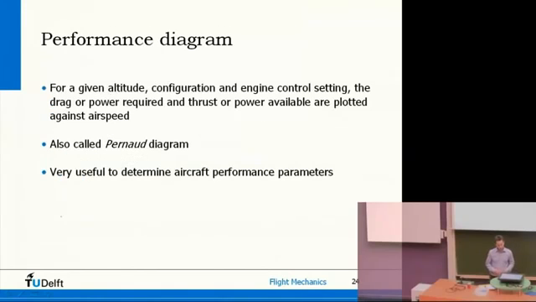And the performance diagram, you also see it sometimes called a Pernod diagram, but all it means is if you just take a certain aircraft with a certain altitude, a certain engine setting, certain aircraft weight, and then we're going to plot thrust and drag in one diagram.